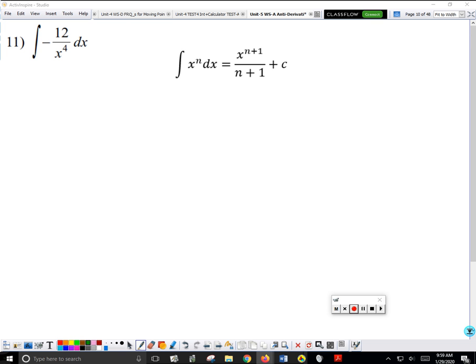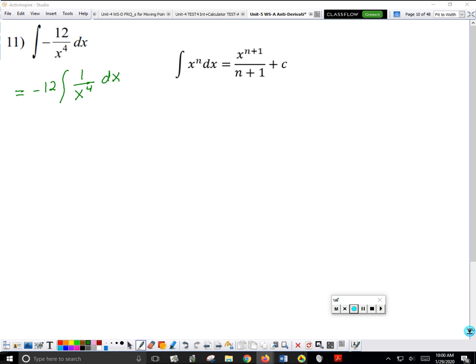I can move the 12 because that's a multiplying constant. It's number 11. A temptation at this moment is to use the 1 over something rule, the ln rule. As I said before, the ln rule does not apply because the pink sheet rules must match exactly. That pink sheet rule says if you have 1 over x, and this isn't 1 over x. 1 over x is 4. So I cannot use the ln rule.